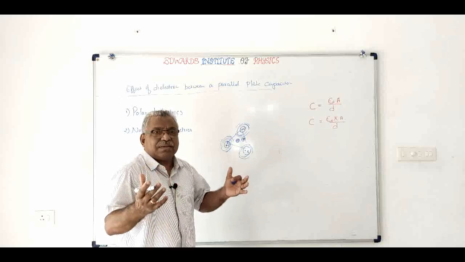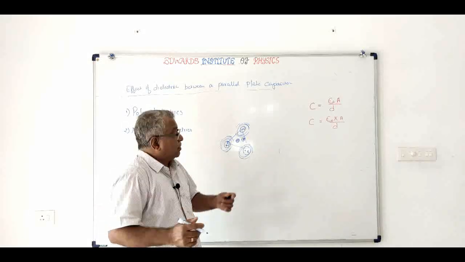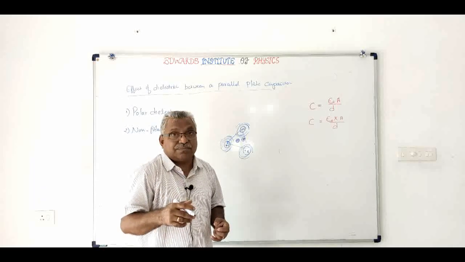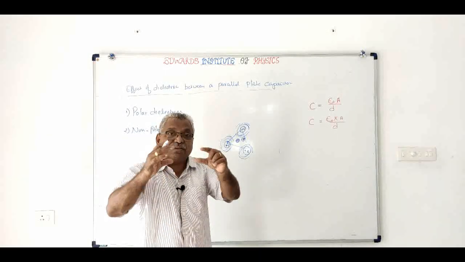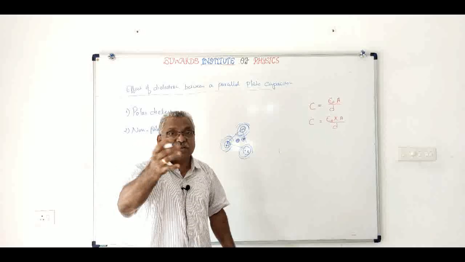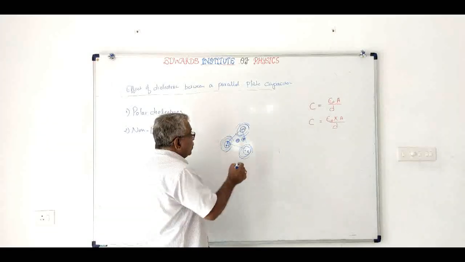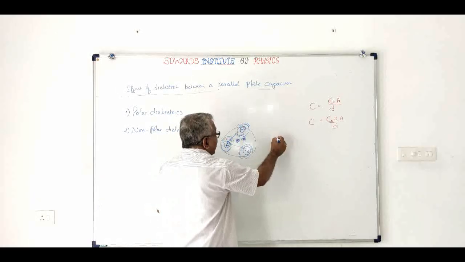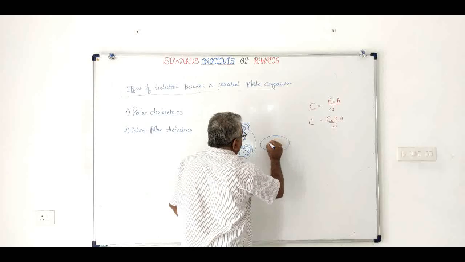There are certain molecules like that. Water is a typical example. Water molecules have some polarity. The center of the positive charge and the center of the negative charge won't coincide, so electrically this molecule will behave as a dipole.